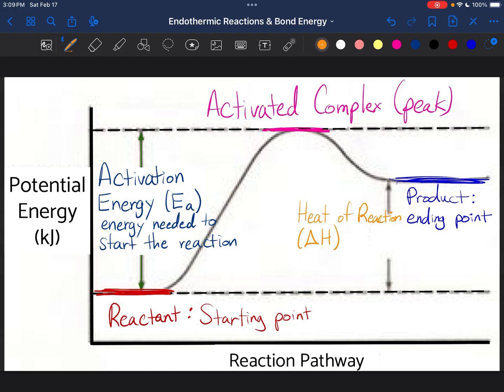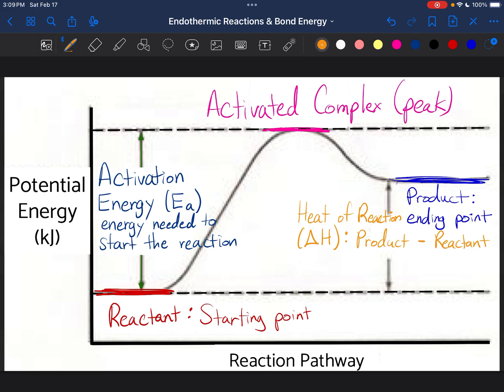In order to calculate this, I usually do product minus reactant. So make sure you have all of these parts within the chart itself.